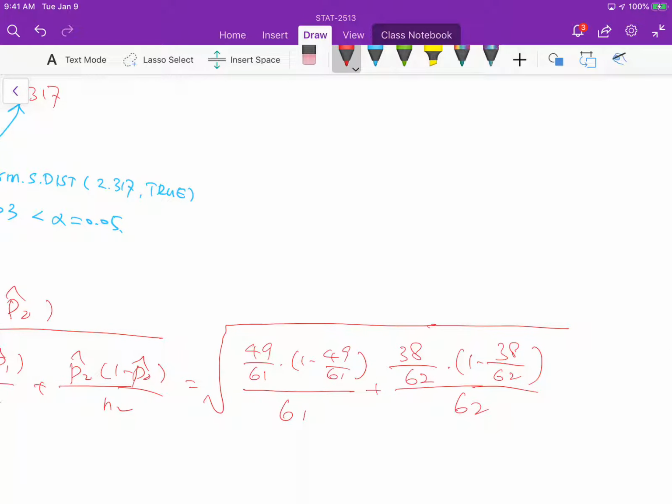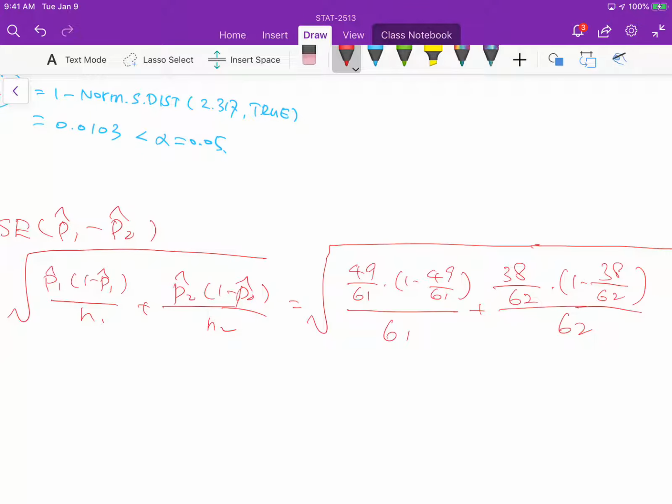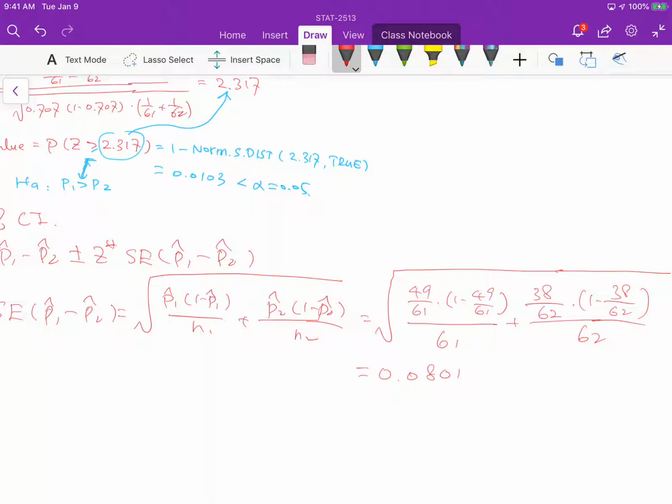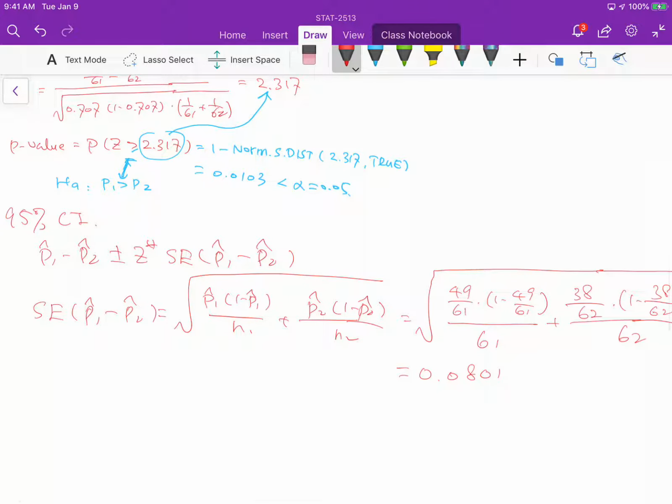Then this will be the standard error. You do the math, and the value will be 0.0801. So this is the standard error for the difference of proportions.